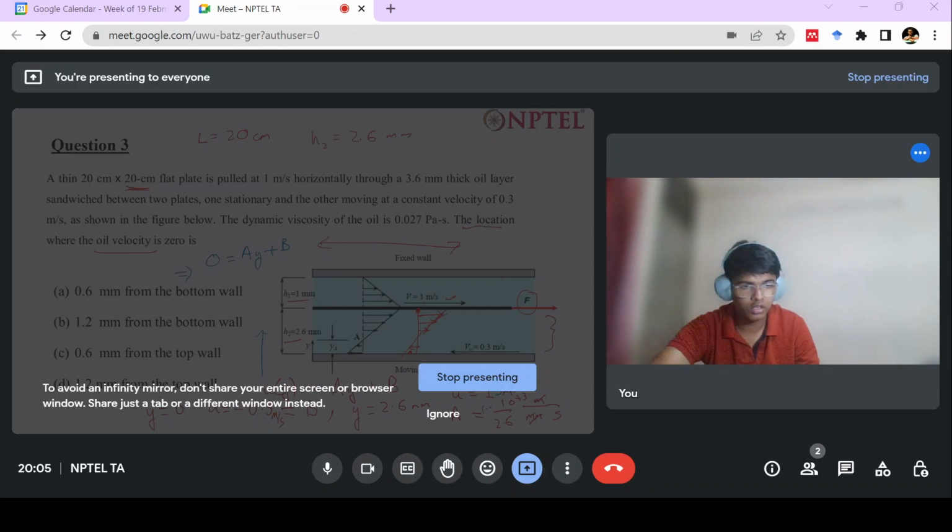So this is 1.3. We have to take the b value, and y will be equal to minus b by a, and I can calculate this.